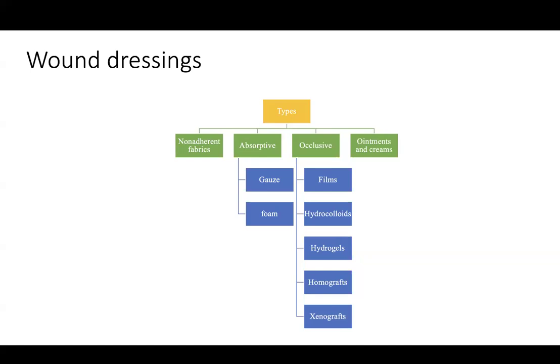The ointments and creams include the antibacterial ointments, which have different components, which could be acetic acid or bacitracin, and even Neosporin, polymyxin B as well. They lubricate the wound surface, and they can have an antibacterial activity which can last for 12 hours.